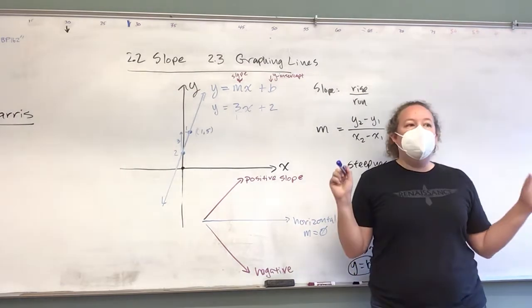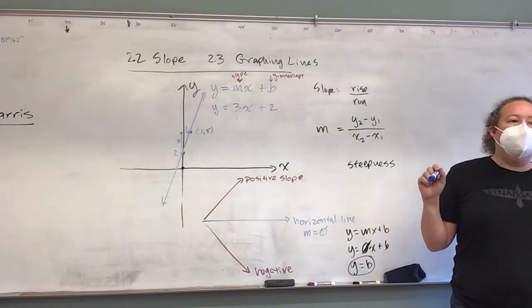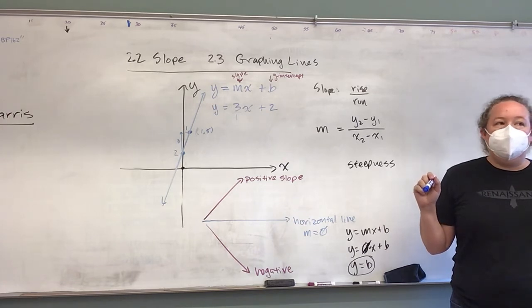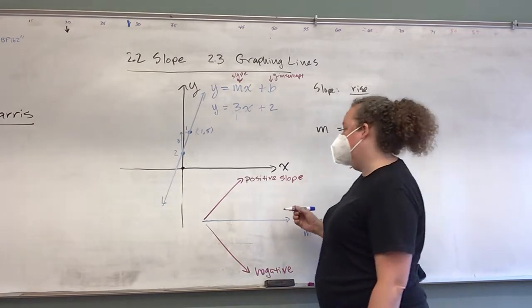Okay, more tricky. What is the slope of a vertical line? Undefined. Yeah.